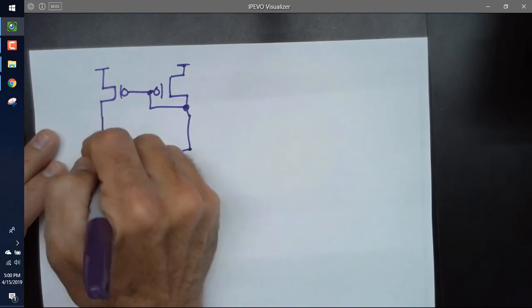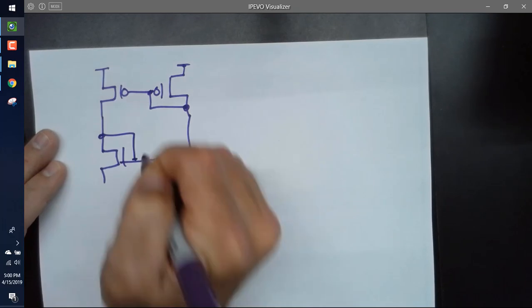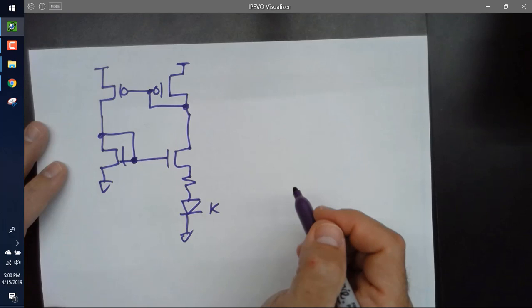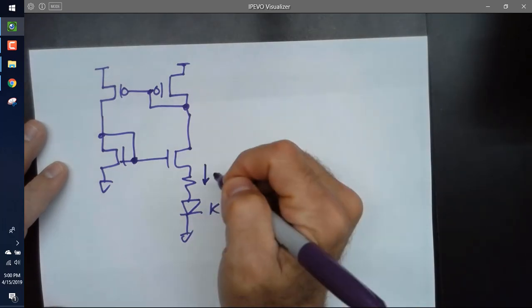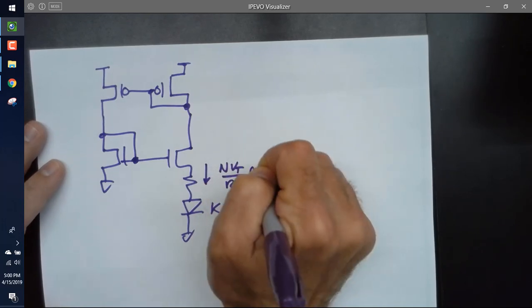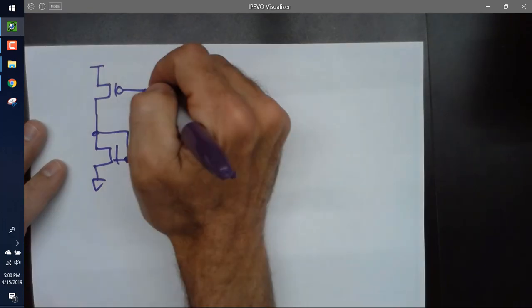And I come over here, and I do the following. Oh, so let's see. We said the current flowing through here is NVT over R natural log of K. Correct?